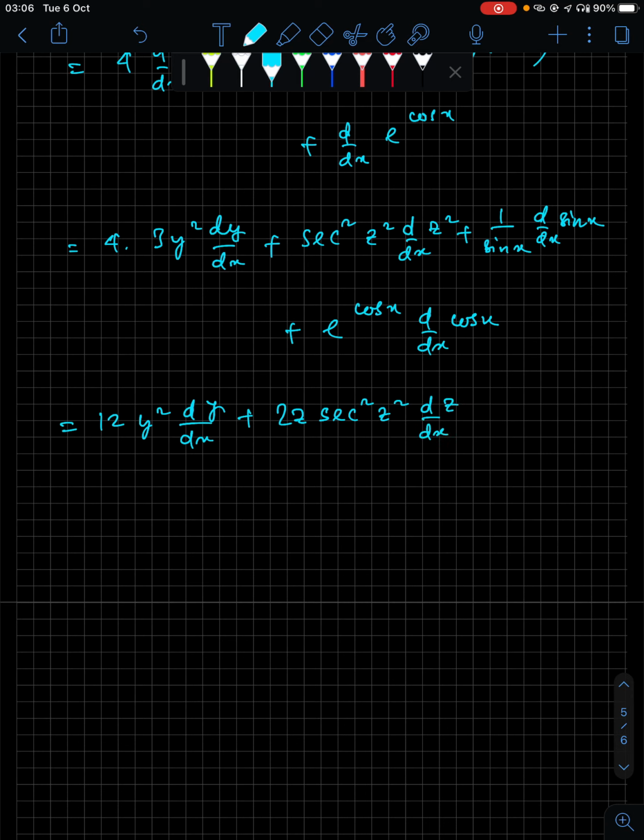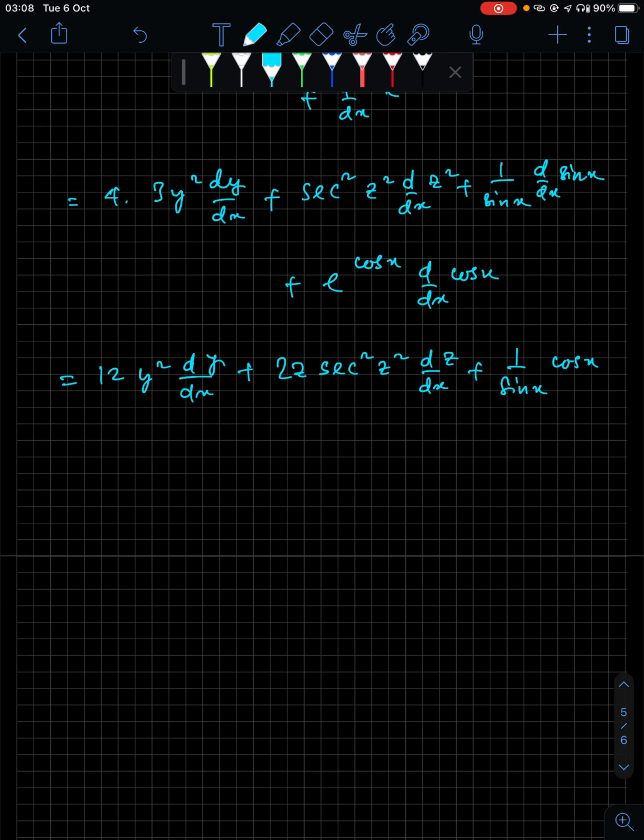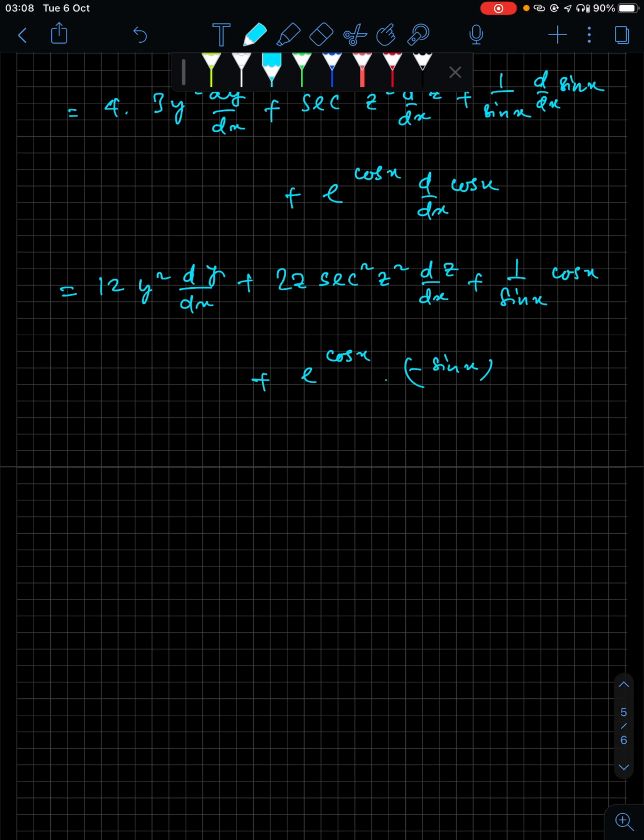If you don't understand this particular step, you can include one more step in between. Plus 1 by sin x, and d/dx of sin x is cos x, plus e to the power cos x, and d/dx of cos x is minus sin x.